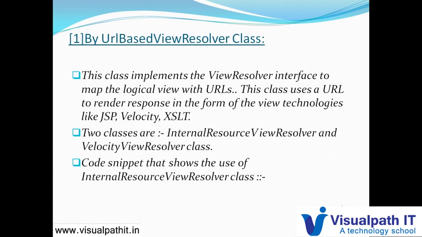So first is the URL based view resolver class. This URL based view resolver class implements the view resolver interface, as we all know. What it does is map the logical view with the URLs. So this class uses a URL to render a response in the form of view technologies like JSPs, Velocities and XSLTs.